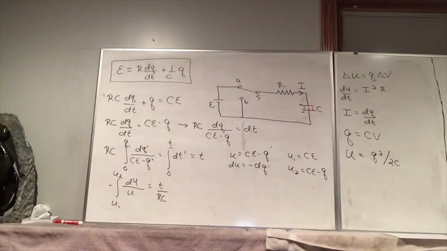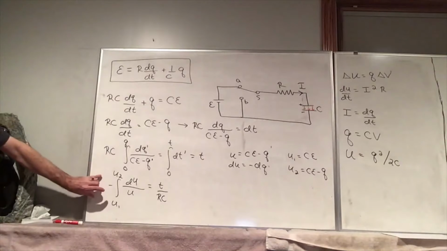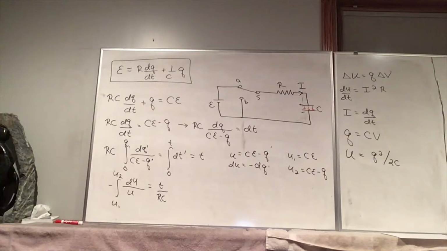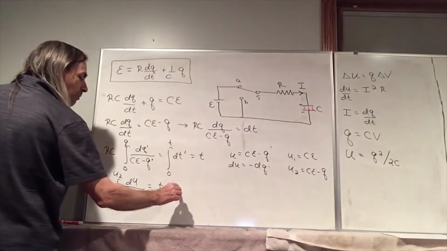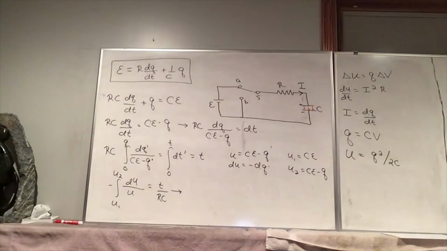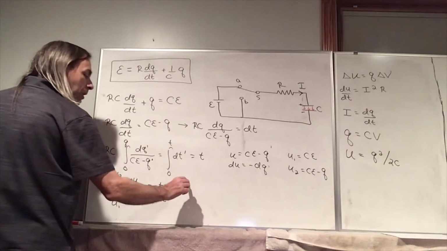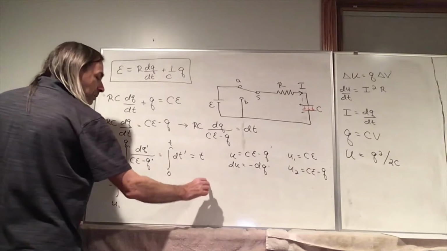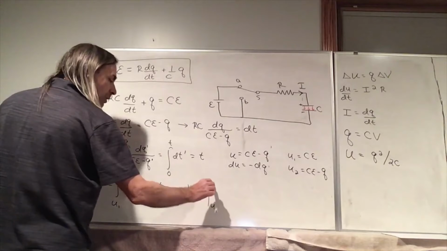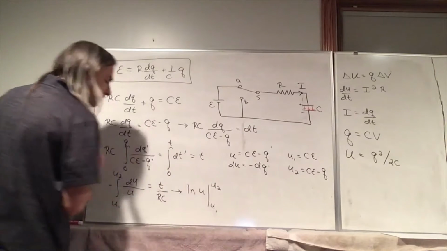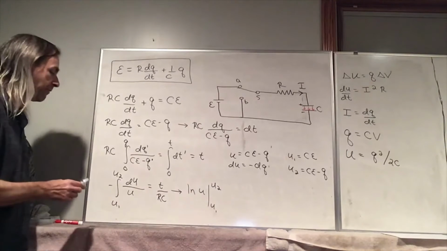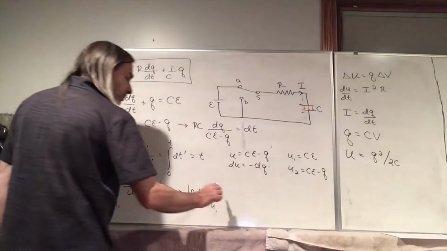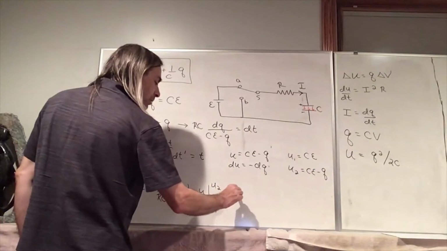And now, because we have this minus sign here, let's move that to the other side. So this integral is now trivial. du over u is the natural logarithm of u, evaluated between u1 and u2, and we have that minus sign in front. So I move that to the other side.